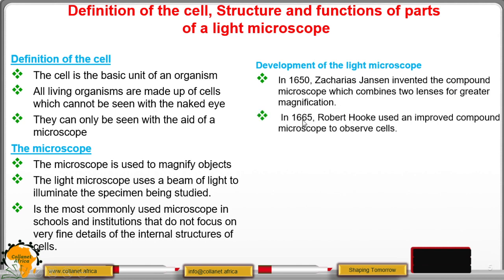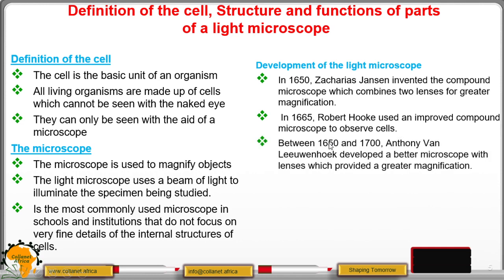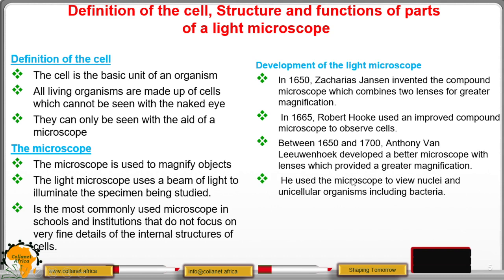In 1665, Robert Hooke used an improved compound microscope to observe cells, or precisely the cork cells. Between 1650 and 1700, Anthony van Leeuwenhoek developed a better microscope with lenses to provide a greater magnification. He used the microscope to view nuclei and unicellular organisms, including bacteria.